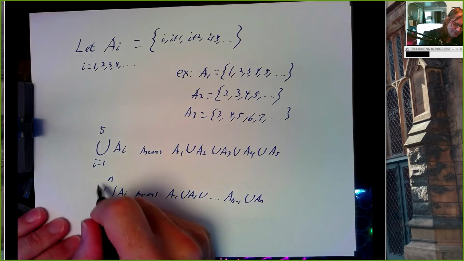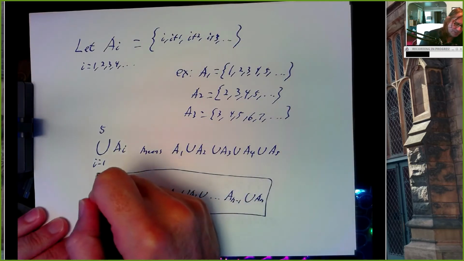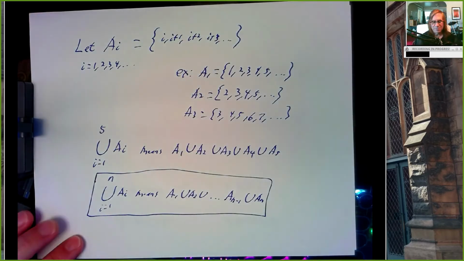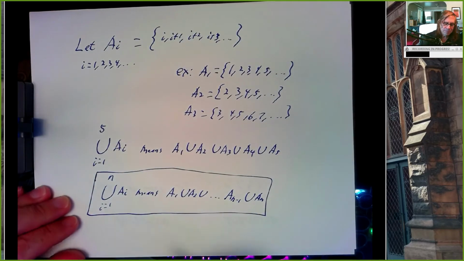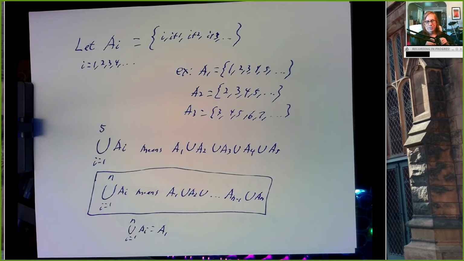What do I get if I take the union from I equals 1 to n of these sets? Somebody said A1. What do you think about that? Is it just going to be 1 to infinity, basically?